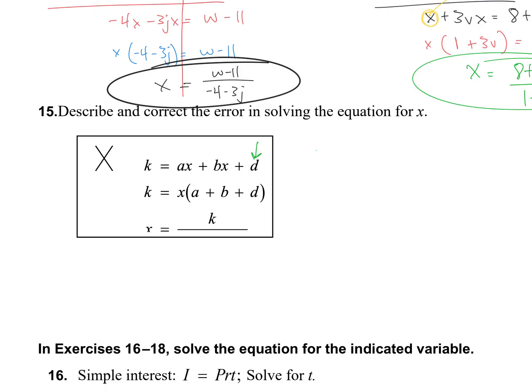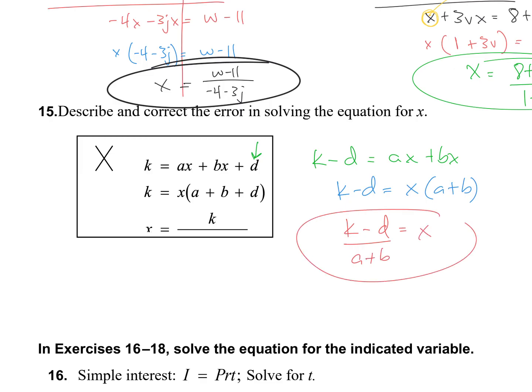We're going to subtract d from both sides. And then we are going to factor out the x. Then we're going to divide both sides by a plus b. So k minus d over a plus b equals x. That is what it should look like.